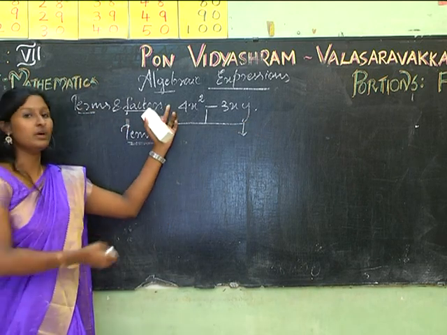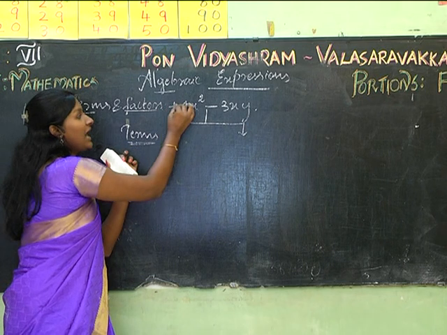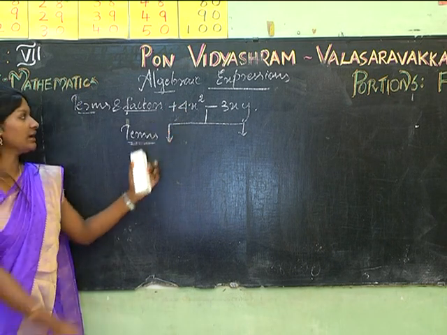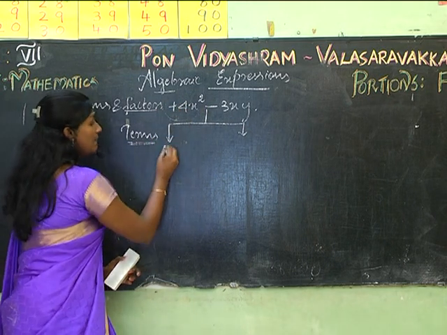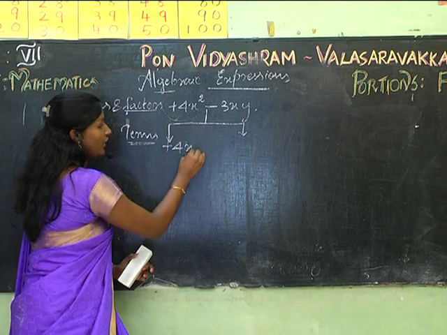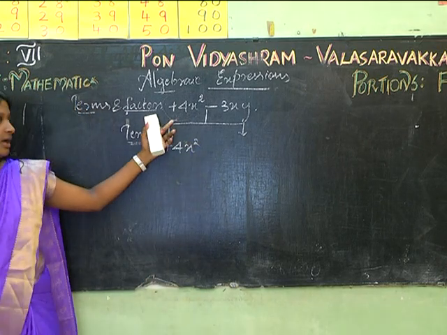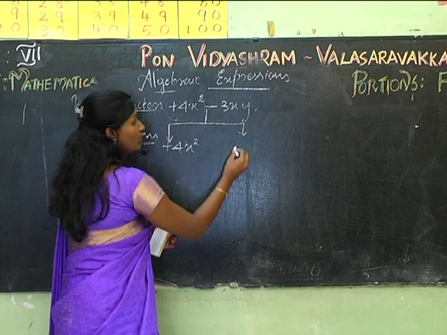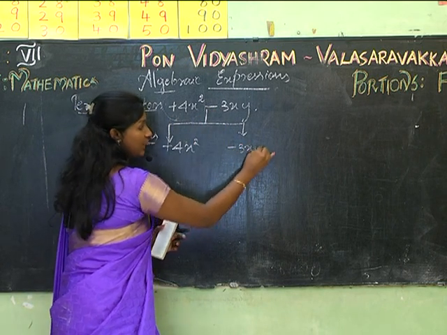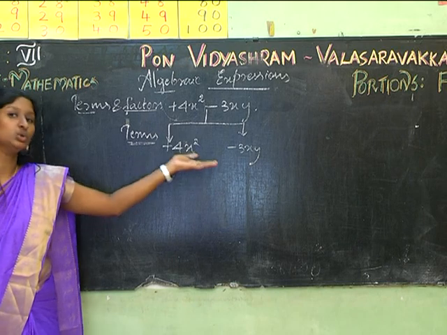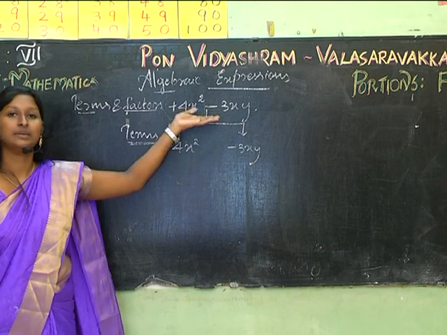Before that, we have a hidden plus here. So let me take this entire part as the first term, 4x square, along with the sign, and this second term along with the sign, minus 3xy. These are the two terms, along with the sign, of the given expression.